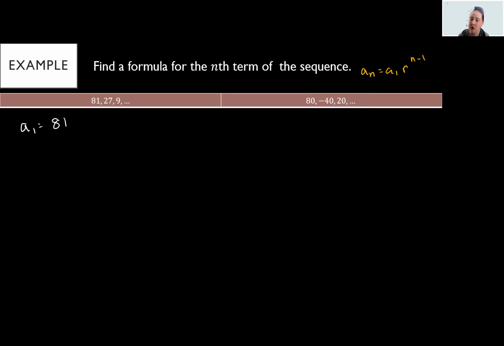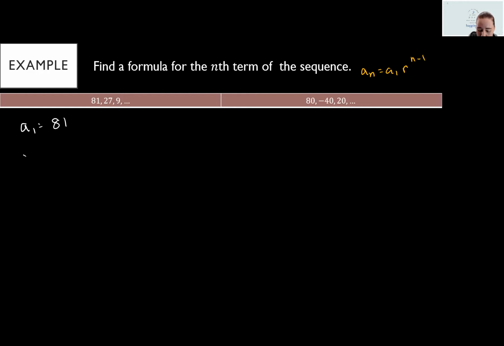Next, you have to find R. That's what we did when we were checking to see if things were geometric. A problem like this, we are assuming that this is geometric, but it doesn't actually specify that. We're just assuming it is because I threw it in with geometric sequences here, but we should check that R is constant before we just throw it into our formula.